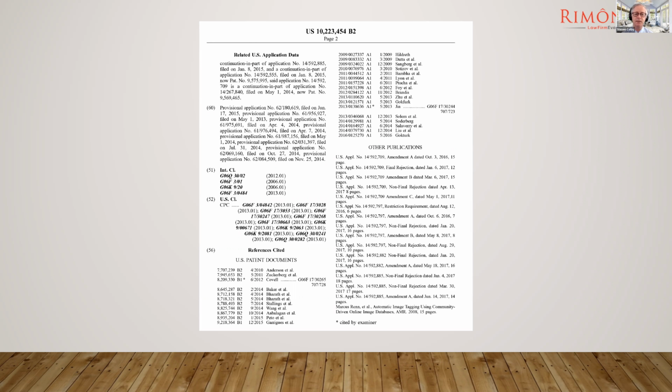It means that somebody's added new material to the specification, and they only get credit for the date that they added it, not the earliest priority date. If I'm confusing you, talk to me afterwards. Thank you. Okay, that is the data page that we always look at, all right?